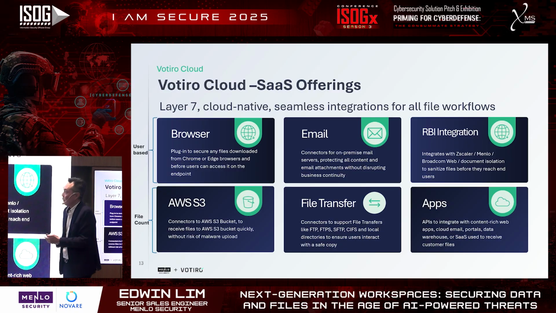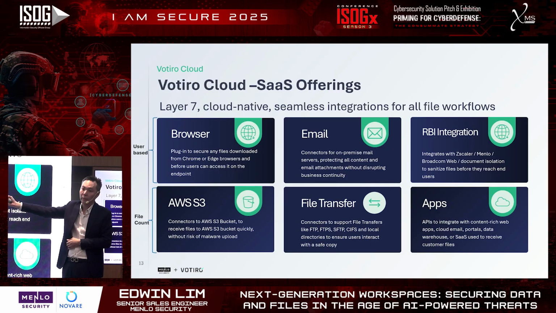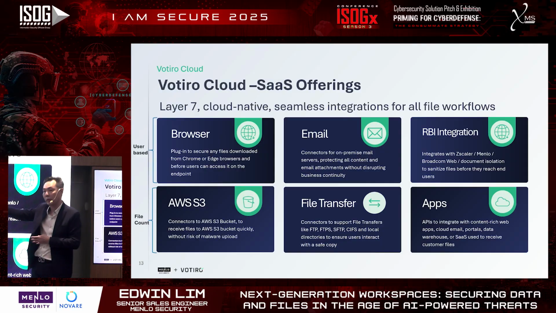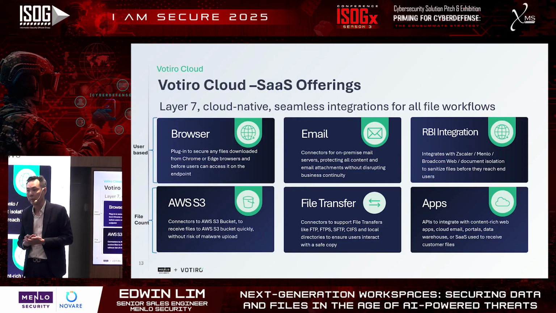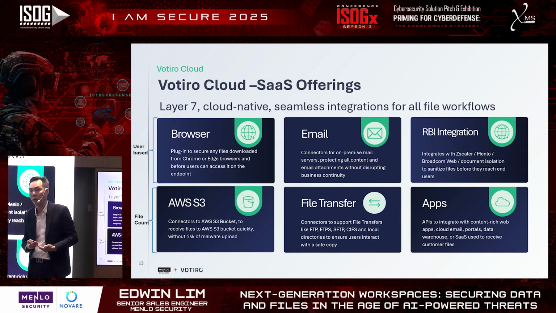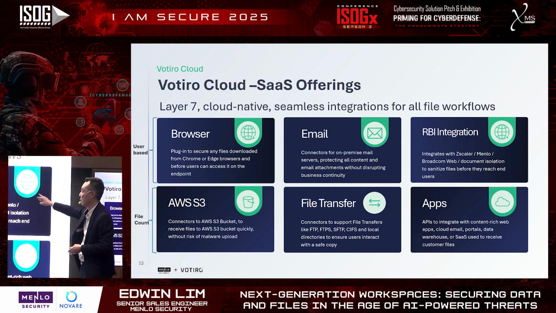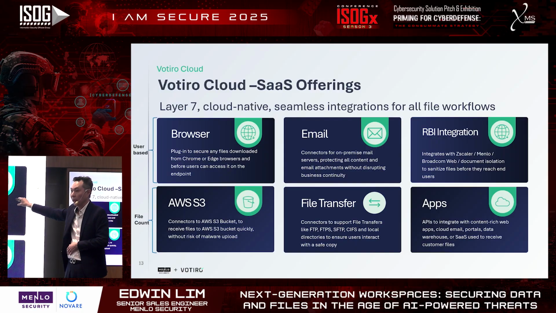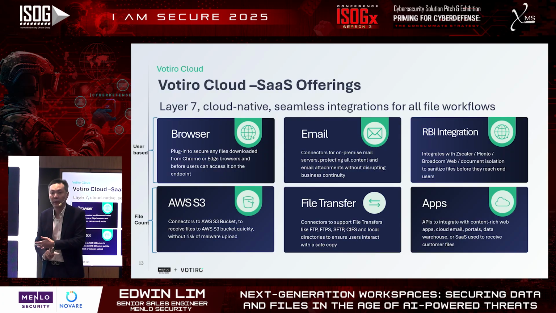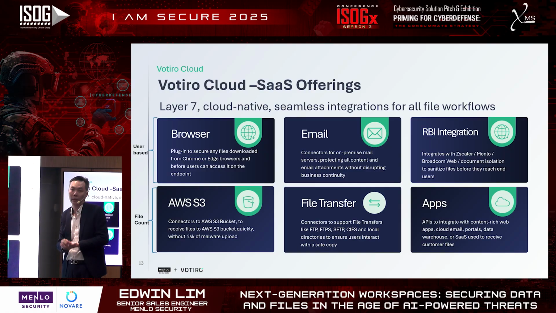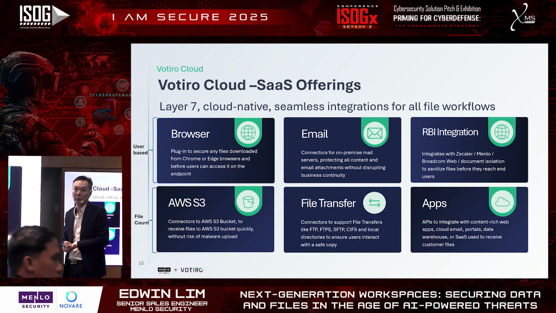So in Votiro, we can do browser protection with a plugin. We can do your emails, to sanitize the email files coming into your mailbox itself, and of course the RBI integration. This can be integrated with, for example, the Menlo secure cloud browser and any other vendor that you may already be using now.